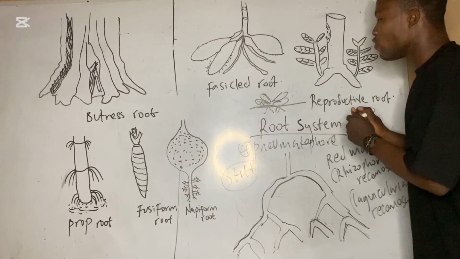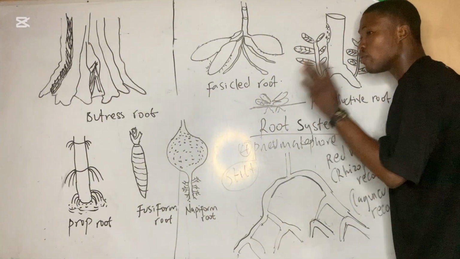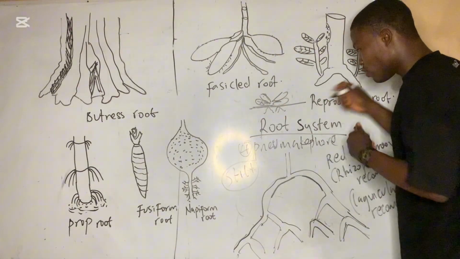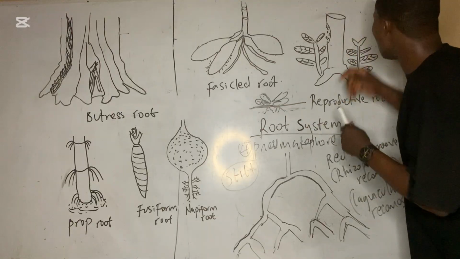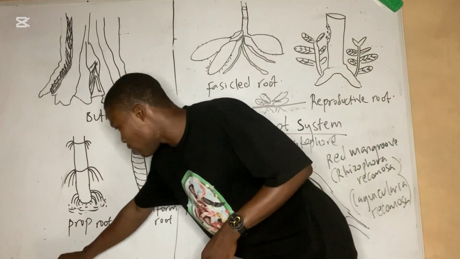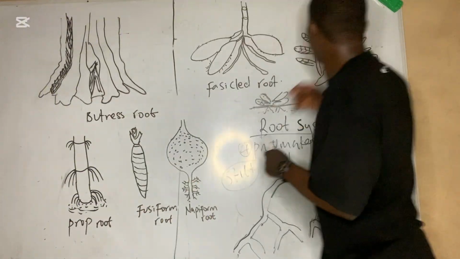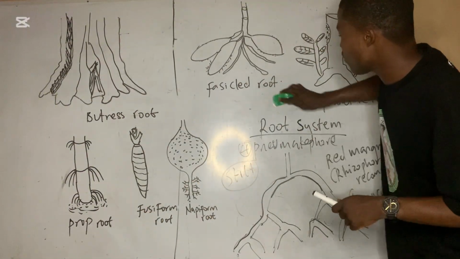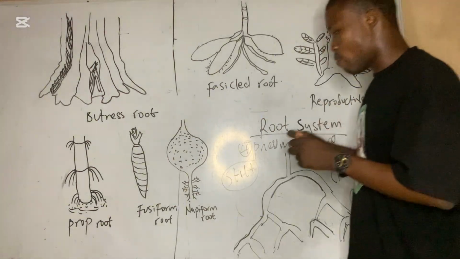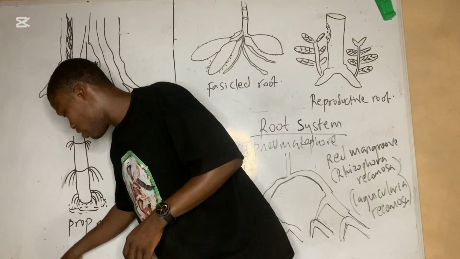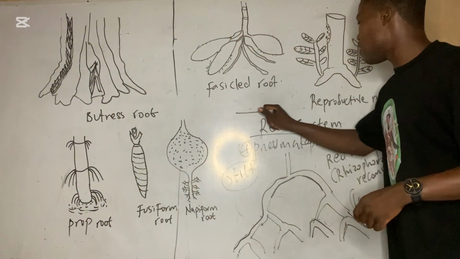So what's the function of this root? The function of this root is not support. This is water, a waterlogged environment. Let me make my markers clear. So let's say I have a horizontal stem.